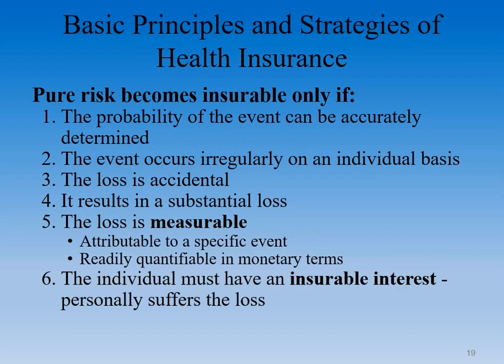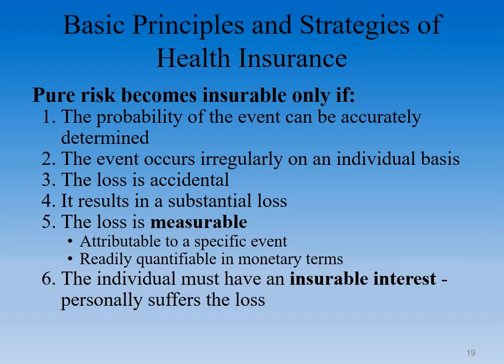Now, from this particular slide, you will be having an IRAT, so you may want to make a note on your outline. Pure risk becomes insurable only if the probability of the event can be accurately determined. The event occurs irregularly on an individual basis.